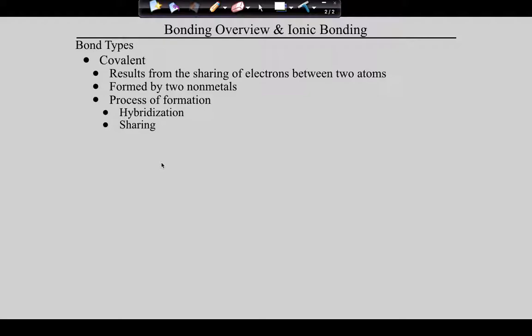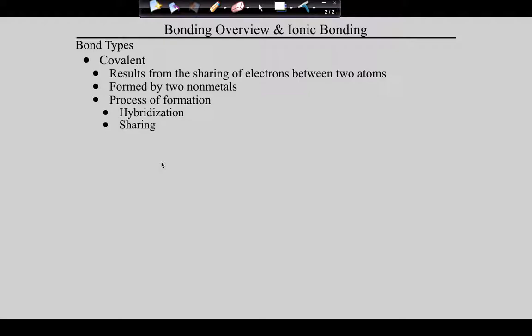Up till now, you guys understand that this is about sharing. But in the same way that ionic bonding involves this lattice formation that we haven't talked about before, there's another thing that you're going to learn about covalent bonding that you didn't know about before, which is hybridization. And guys, we're going to teach this in a week and a half or so. It's fascinating.